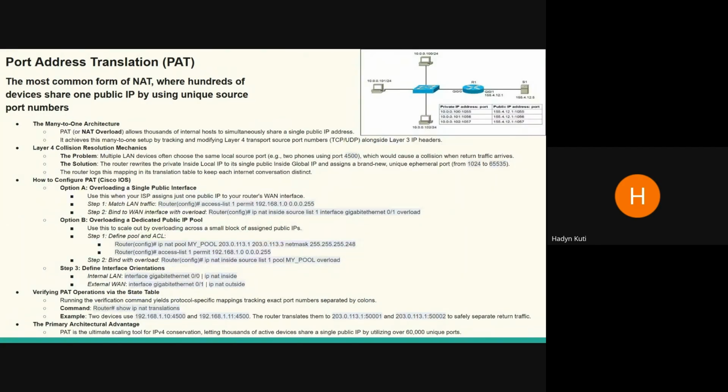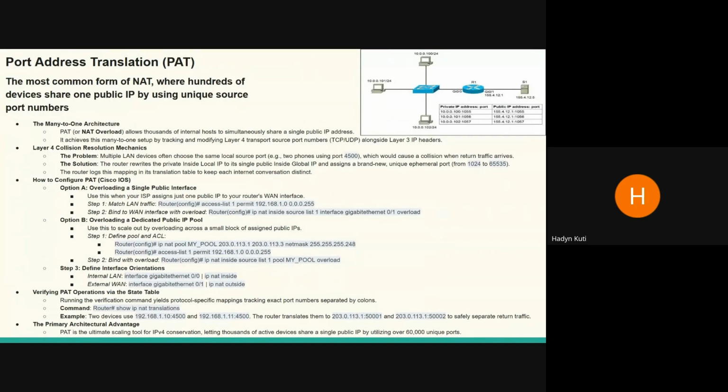Two devices use 192.168.110.4500 and 192.168.111.4500. The router translates them to 203.0.113.1 and 203.0.113.1 to safely separate return traffic.